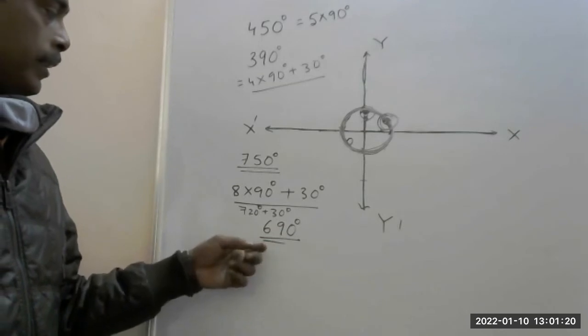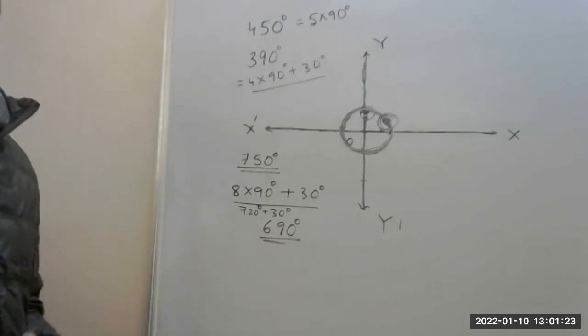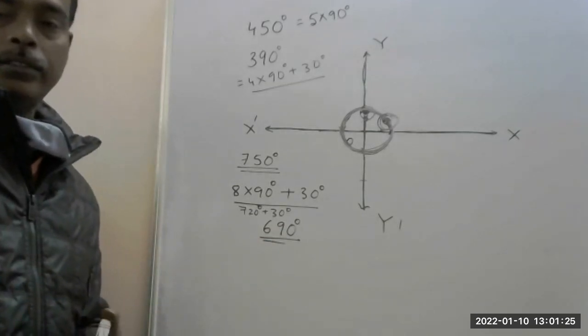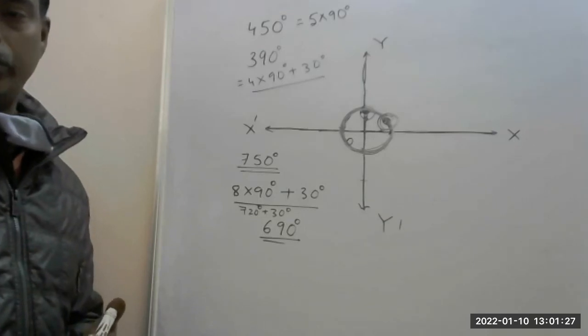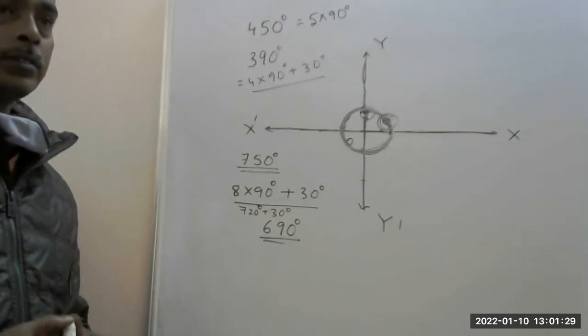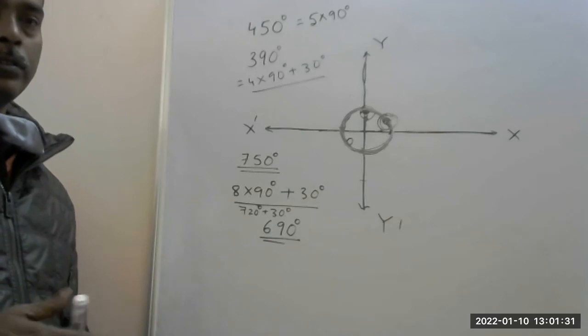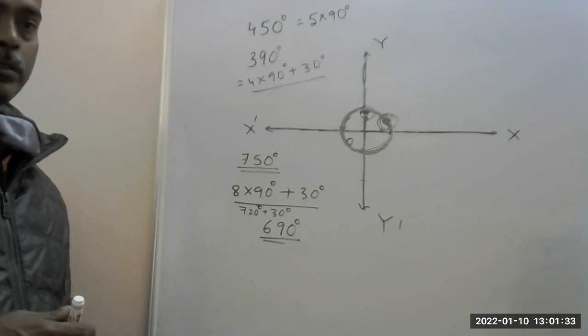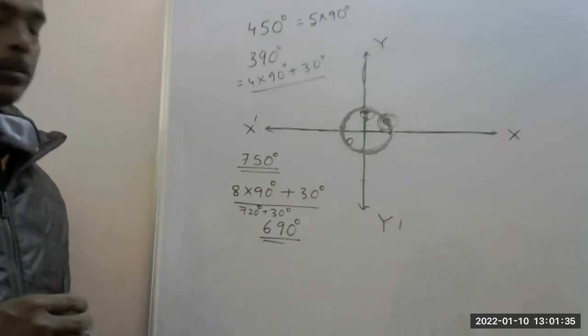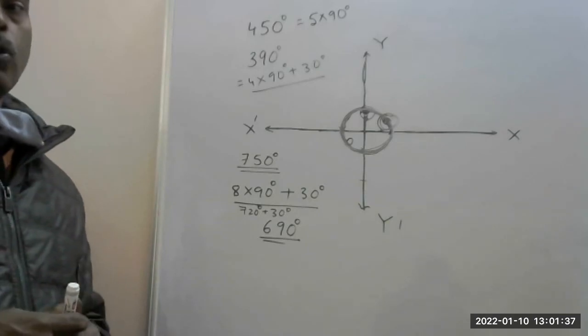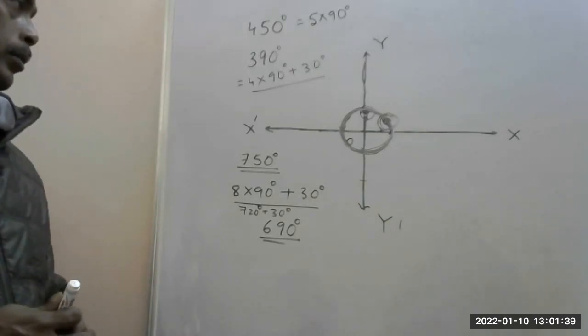Now tell me, this 690 degrees is situated in which quadrant? Fourth quadrant.